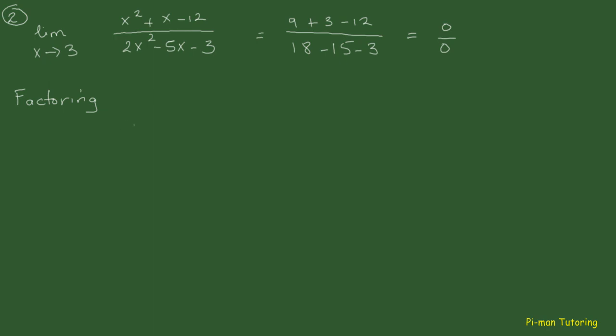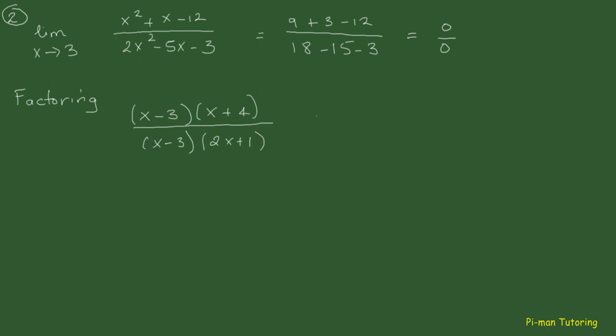So if we factor this expression in the usual method, we end up with x minus 3 on top multiplied by x plus 4, and on the bottom we get x minus 3 into 2x plus 1.